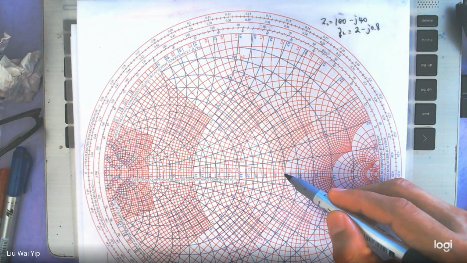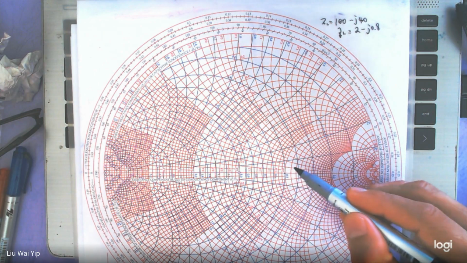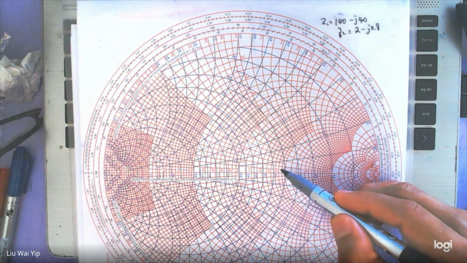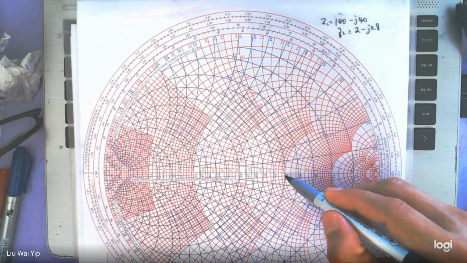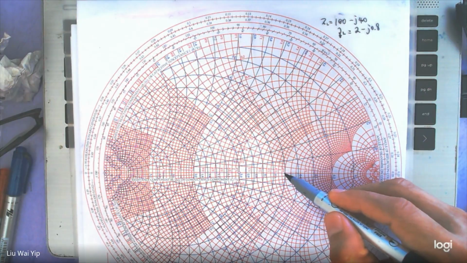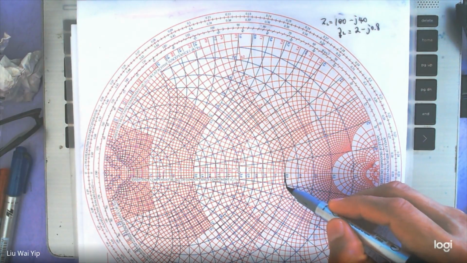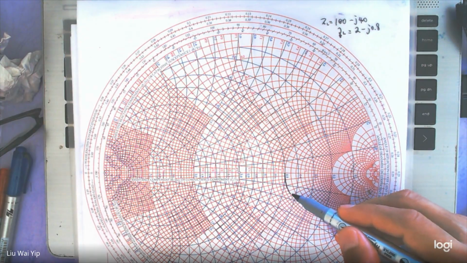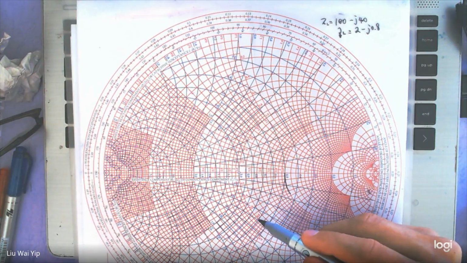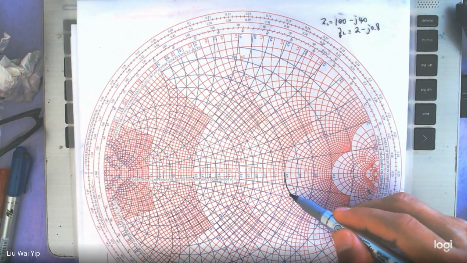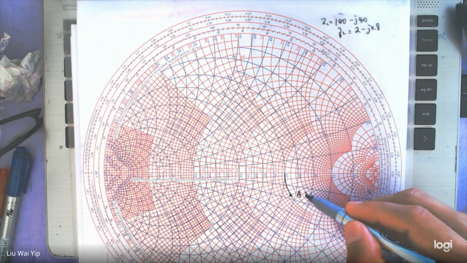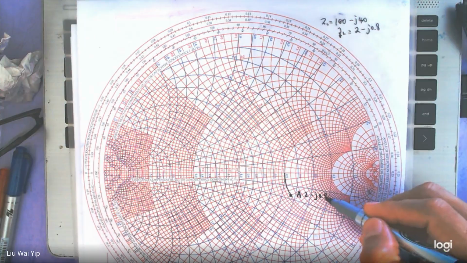So 2 is here. Okay, 2 is here. And then you drag along the constant resistance circle until you meet point A. So this is the point, the load impedance. This is point A, right? 2 minus j0.8.